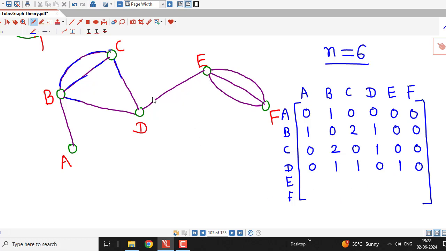Then from E to A there is no edge, there is no edge from E to B, there is no edge from E to C, and there is one edge from E to D. From E to E there is no edge. From E to F there are 3 edges.